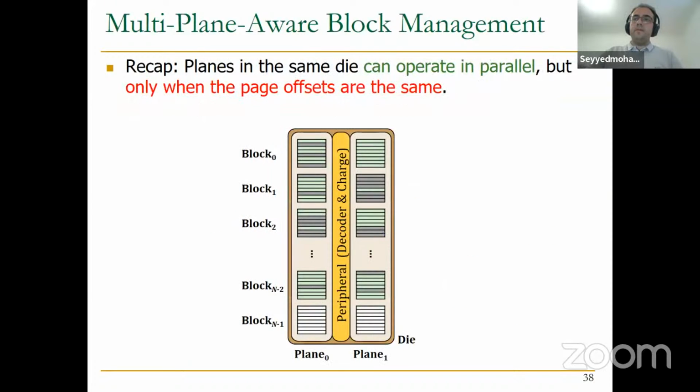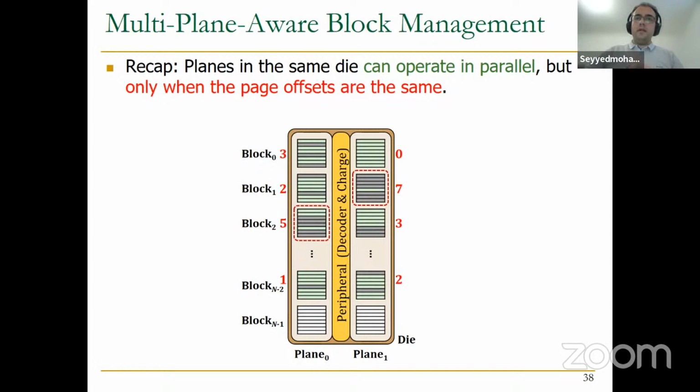Consider that we want to implement this greedy operation in multiplane flash dies. Here we have 2 planes in this die, and in each plane you can see that we have a different number of invalid pages in each block.